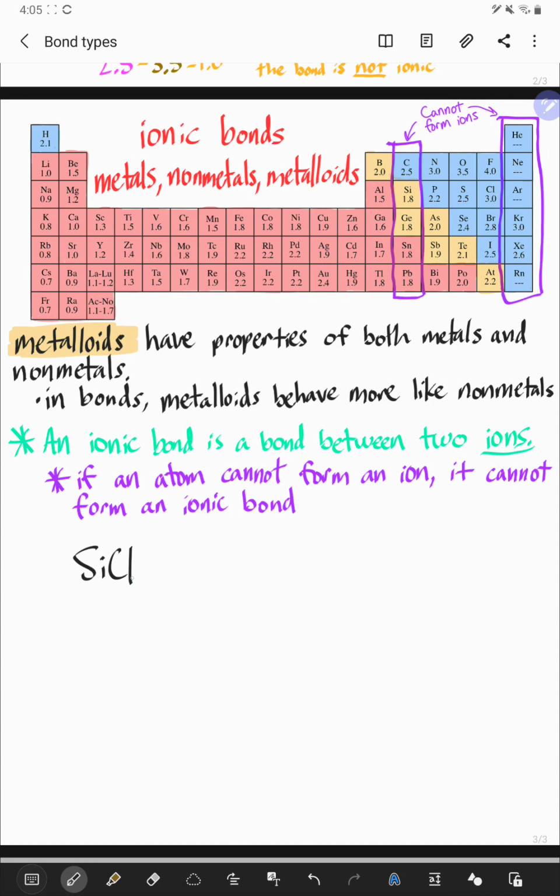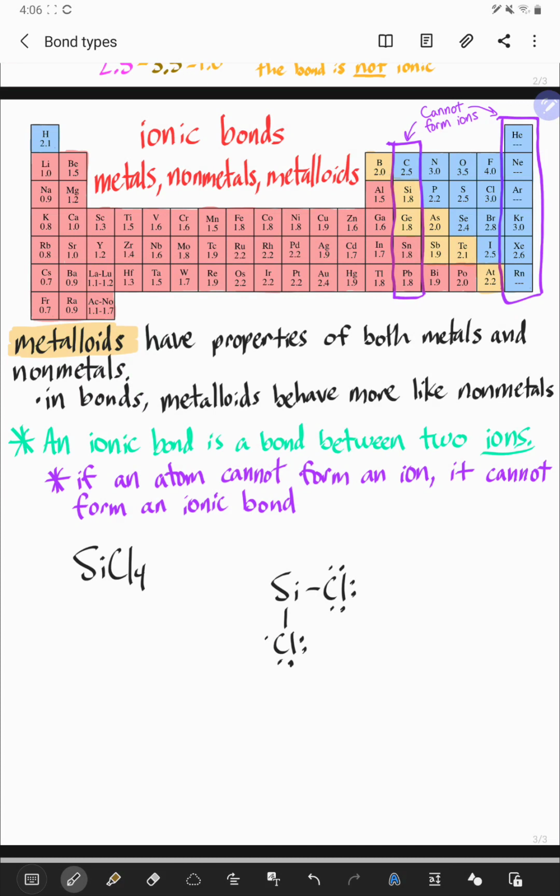tetrachloride, SiCl4, let's draw that out to see what it looks like. We have silicon with chlorine, and we've got 4 chlorines. Tetra means 4.